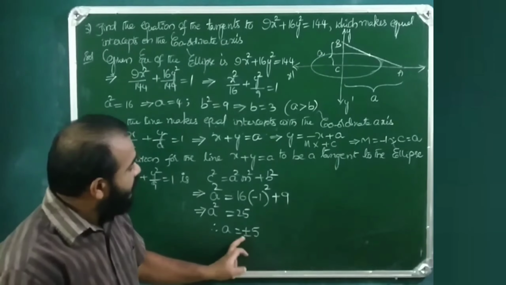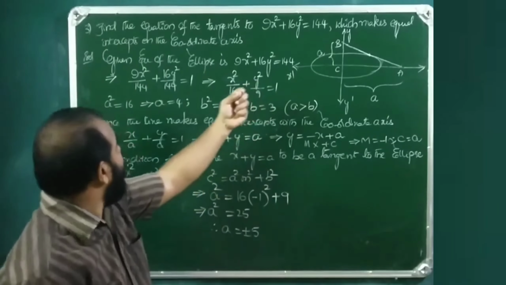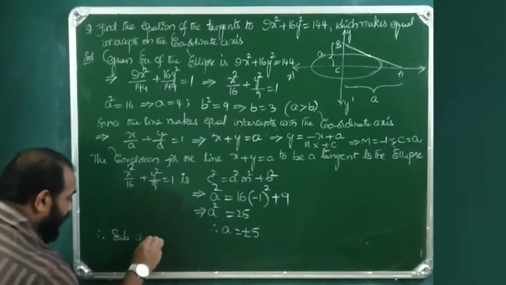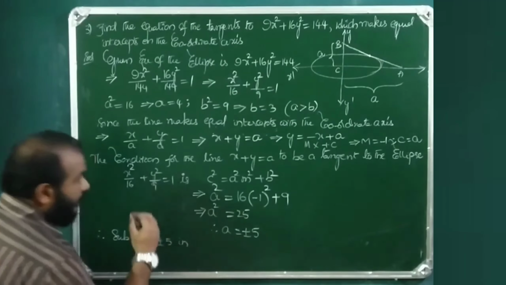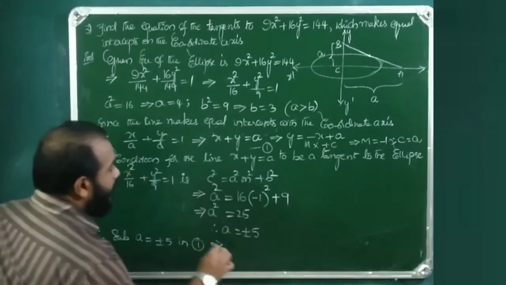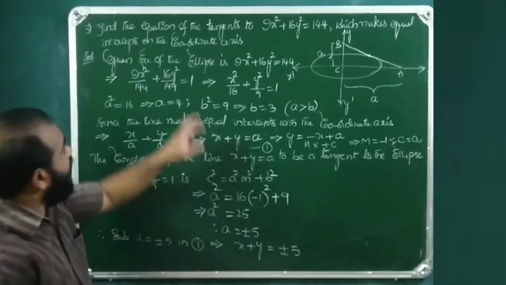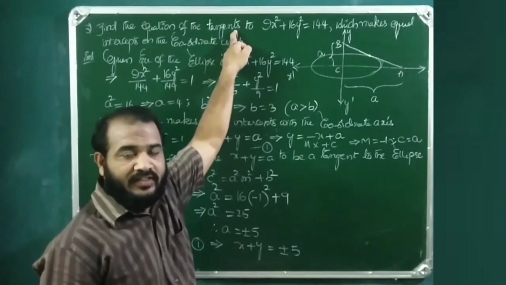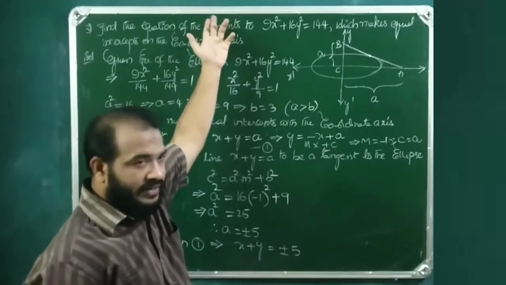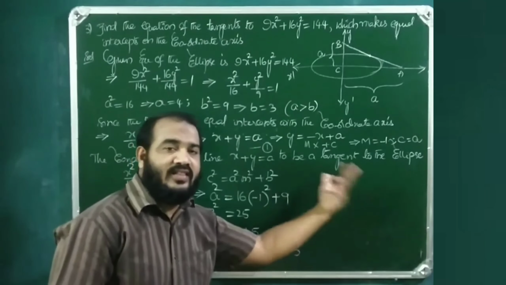Substituting a equals plus or minus 5 in the first equation, we get x plus y equals plus or minus 5, which gives the equations of the required tangents. The question mentions tangents in the plural sense, so x plus y equals 5 is one line and x plus y equals minus 5 is another straight line.